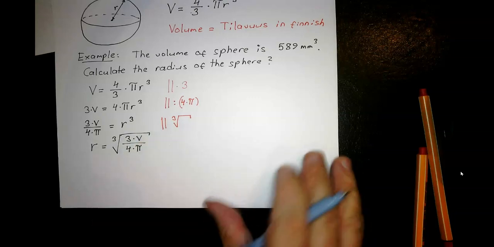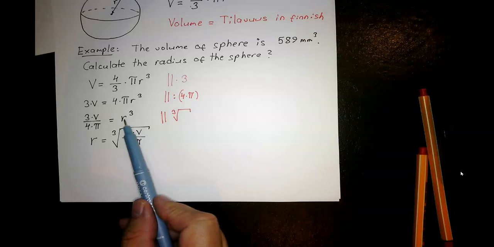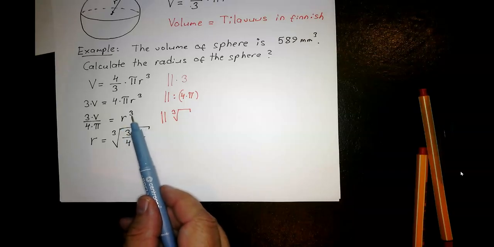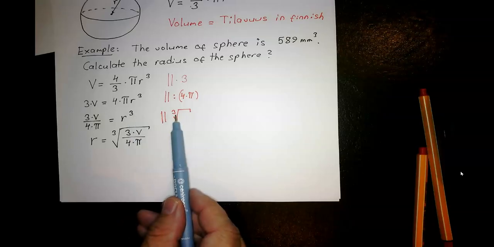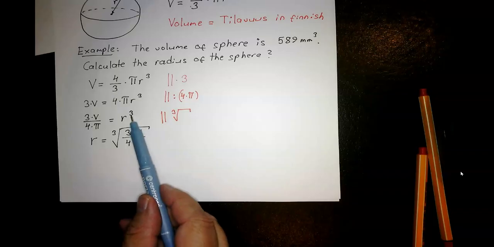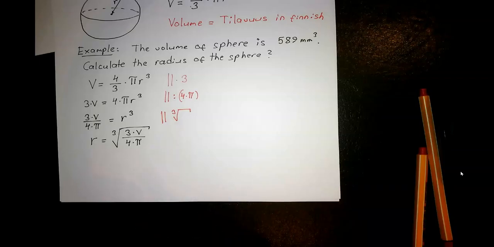Every time you have an unknown which has some kind of exponent or power, you take the same order of the root as the exponent. If there is 3 in the place of the power, then you take the third root or cubic root.